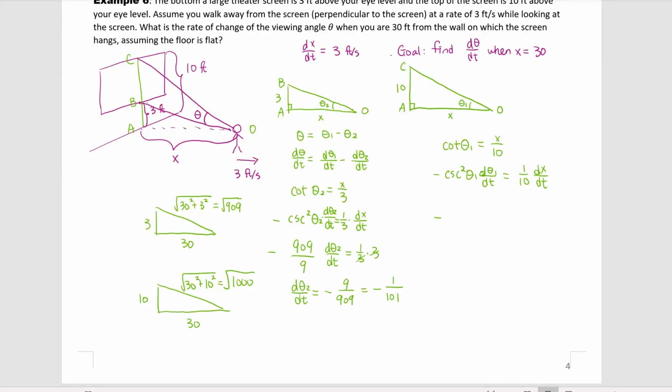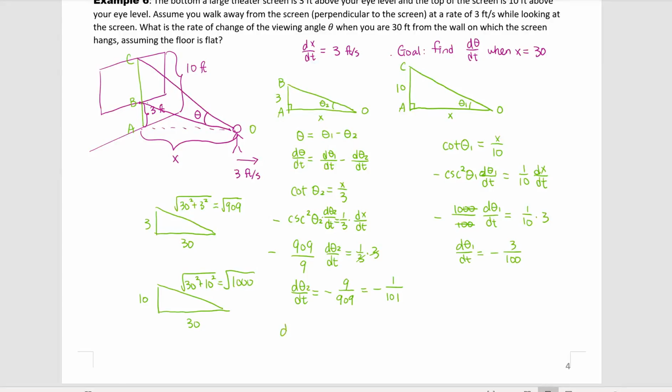So that is the hypotenuse squared over the opposite squared. And d theta 1 dt equals 1 over 10 times dx dt, which is 3. Here you can see this cancels, so d theta 1 dt is negative 3 over 100.